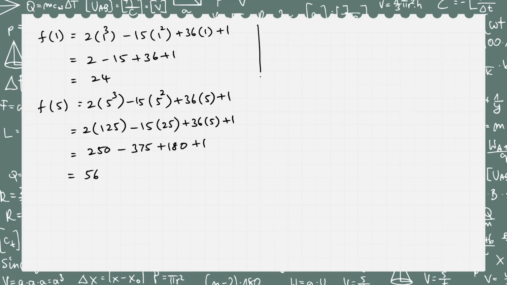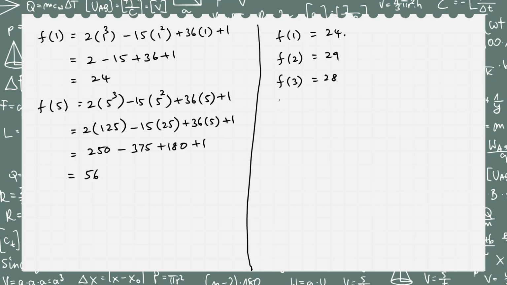So let us list down the values we got. We got f(1) = 24 and f(2) = 29 and f(3) = 28 and f(5) = 56. So 24 is the minimum value among all.